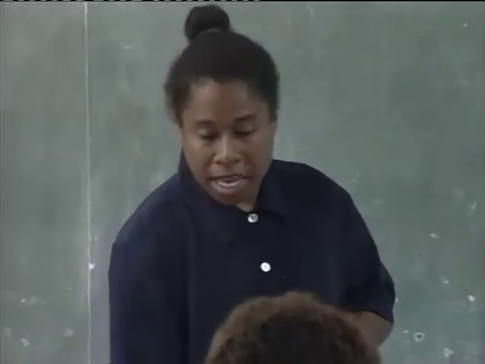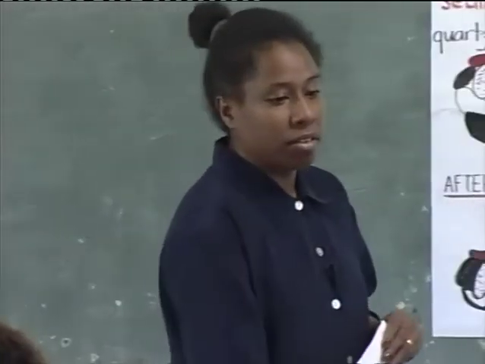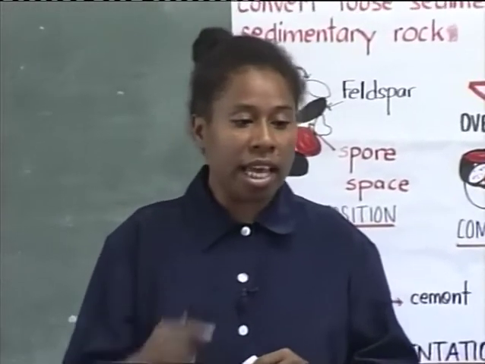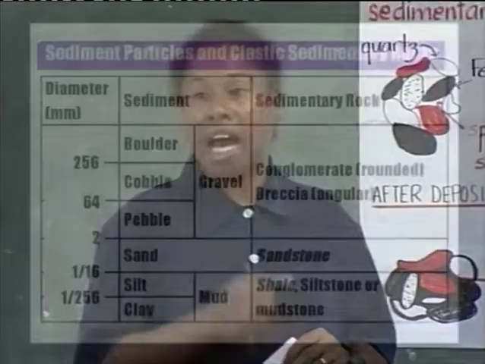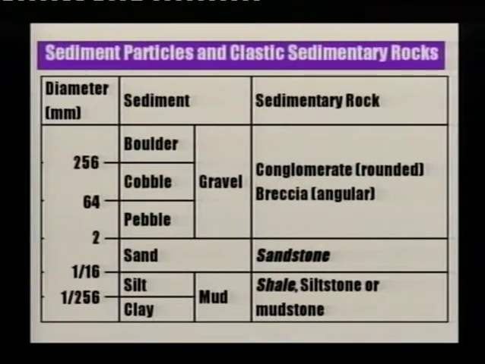We had a table showing how to identify sediments by grain size. The first column contains the diameter in millimeters, and the second column contains the different sediments.